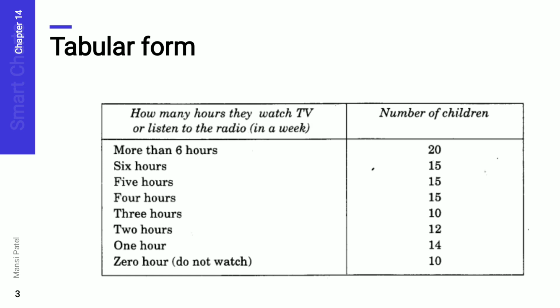So this data is collected in the form of numbers and put in one table. Therefore, it is known as the tabular form of this data. And if you want to draw tally marks for this data, you can do so, because these numbers are small. So this is the first form of data, the tabular form.